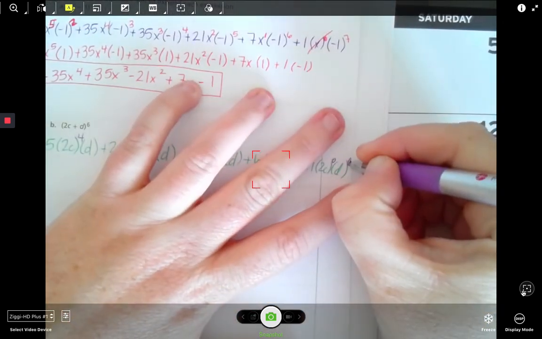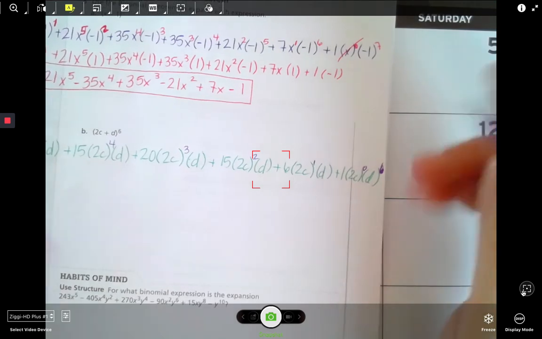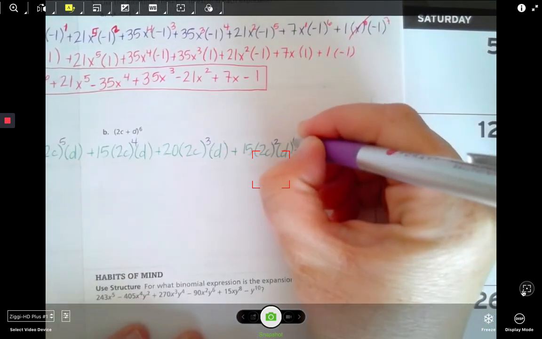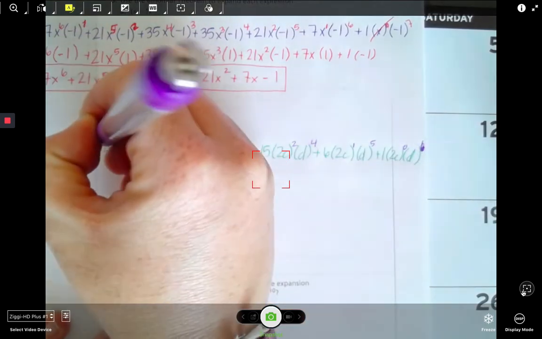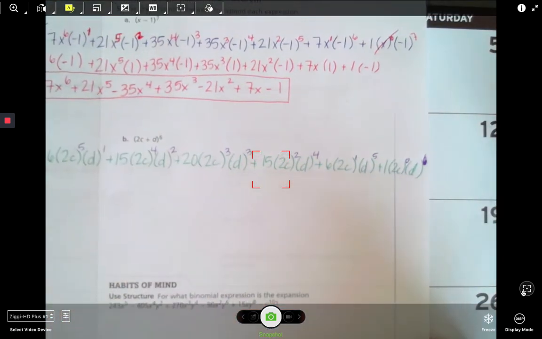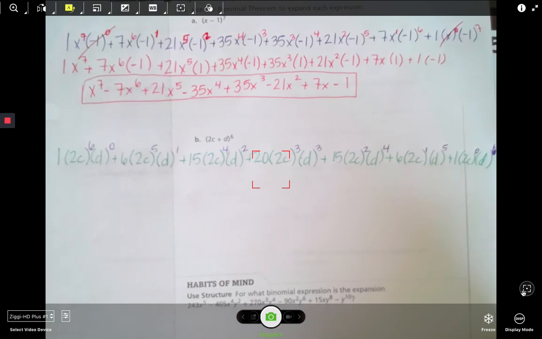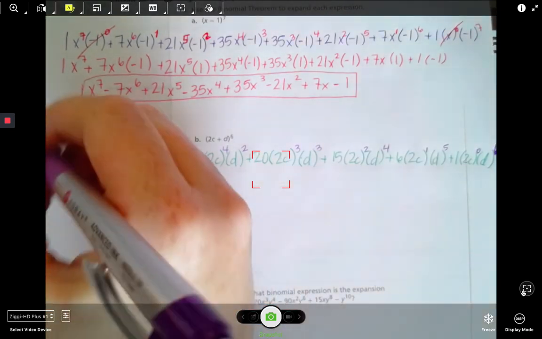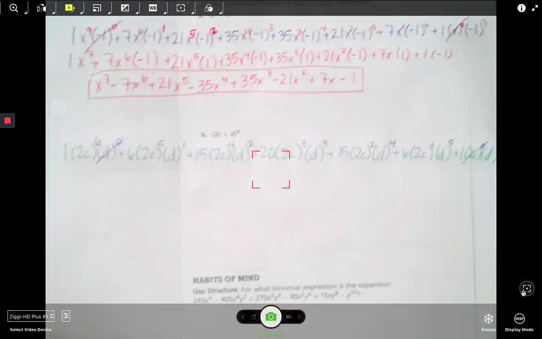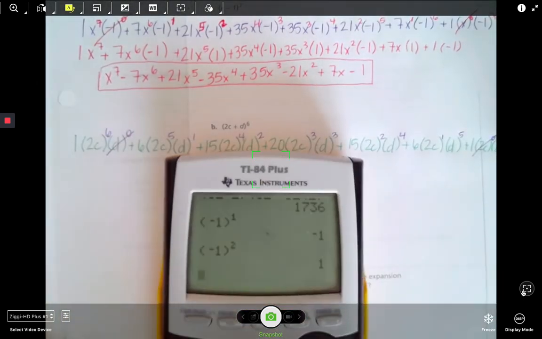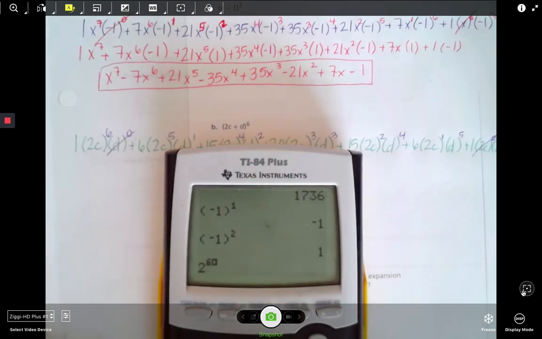That should be a 6. 5, 4, 3, 2, 1, 0. Anything raised to 0 power, I go ahead and cancel out. Now I need to simplify. I don't know what 2 raised to the 6th power is. 2 raised to the 6th is 64.